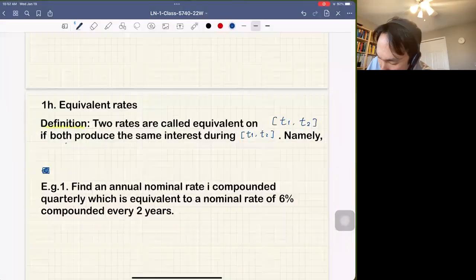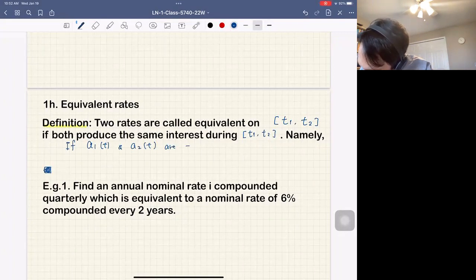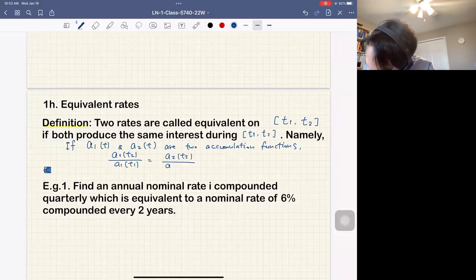So that means that if A1(t) and A2(t) are two accumulation functions, then if A1(T2) over A1(T1) is equal to A2(T2) over A2(T1), we say these are equivalent on T1 to T2.